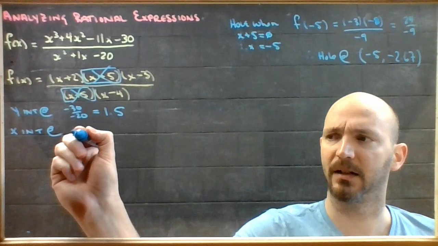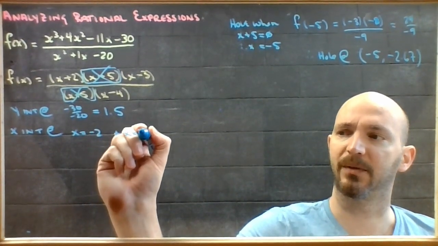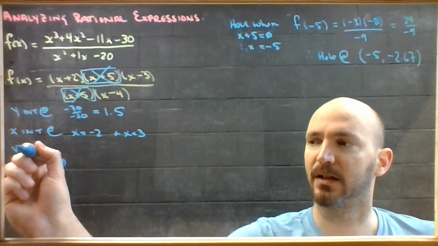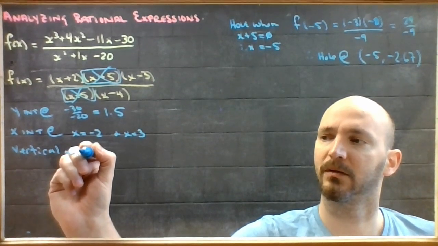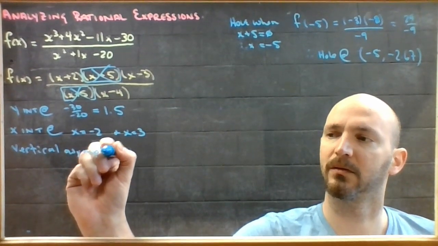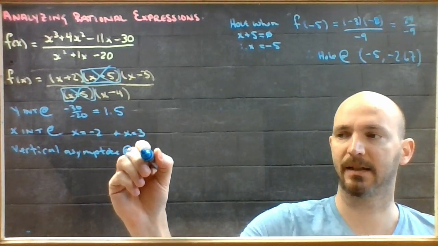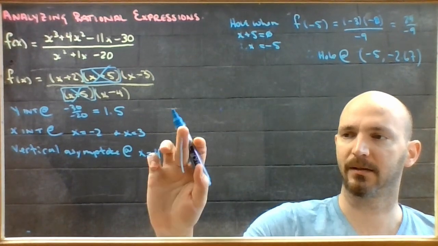So at x equals minus 2 and x equals 3. I'm going to have a vertical asymptote at x equals 4.